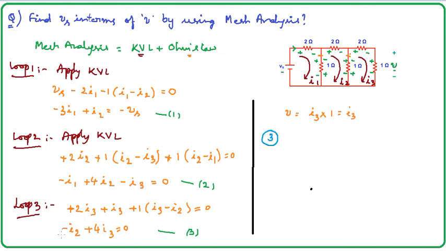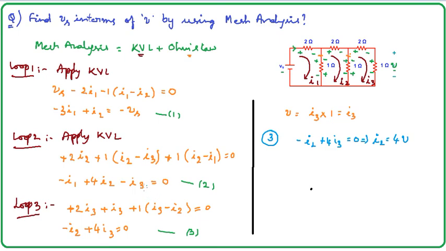So what is equation 3? Minus I2 plus 4I3 is equal to 0, which implies I2 is equal to 4I3. So what is I3? I3 is equal to V.